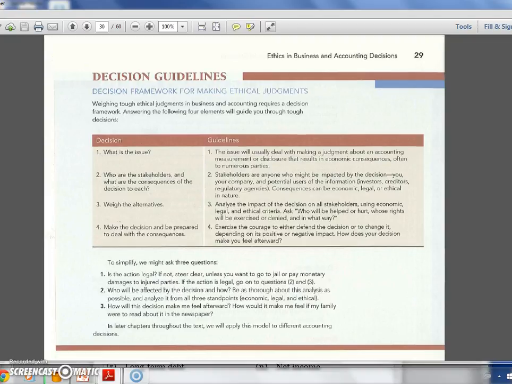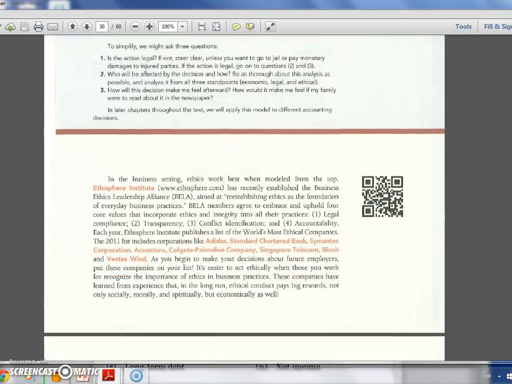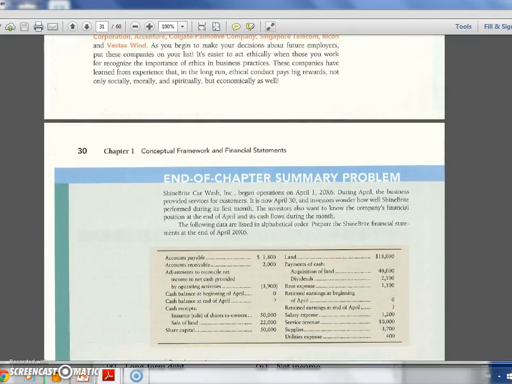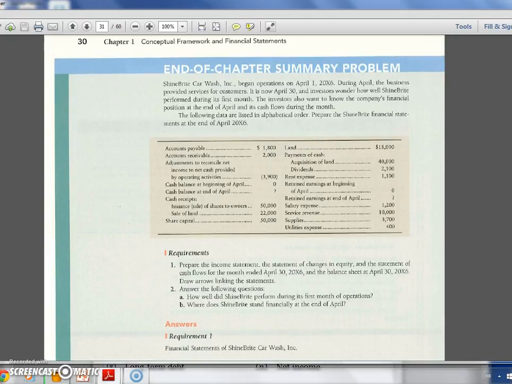And so one way this chapter can be summarized is you look at page 29, and it's called Decision Guides. I personally like this, but what I really don't like is the textbook, like here on page 30. I like the end of chapter summary problem.